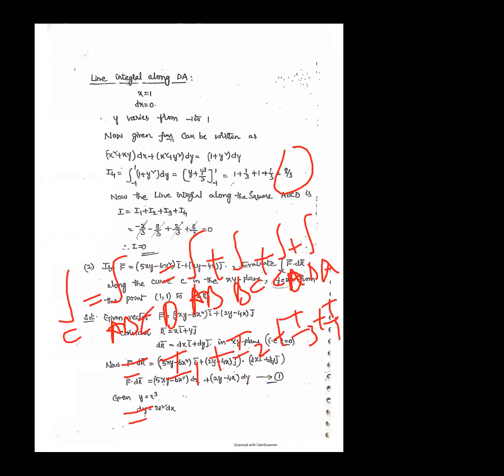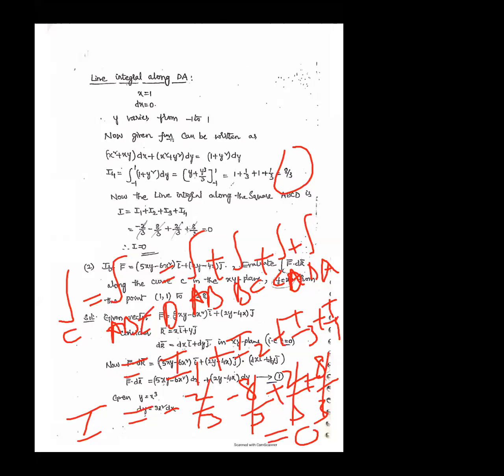Substituting all values in the final integral I: first value minus 2 by 3, second value minus 8 by 3, third value minus 2 by 3, fourth value plus 8 by 3. The plus 8 by 3 and minus 8 by 3 cancel, and the 2 by 3 terms cancel. Finally, the line integral of this pair is 0.